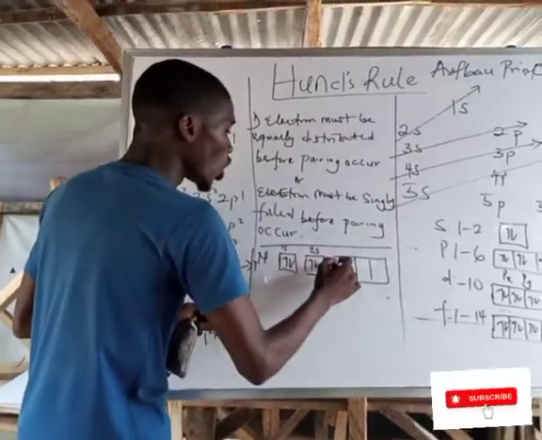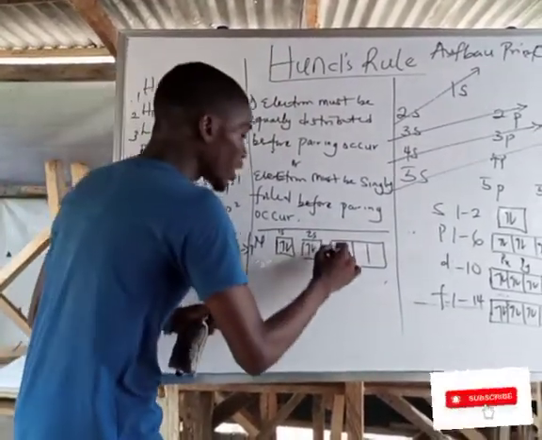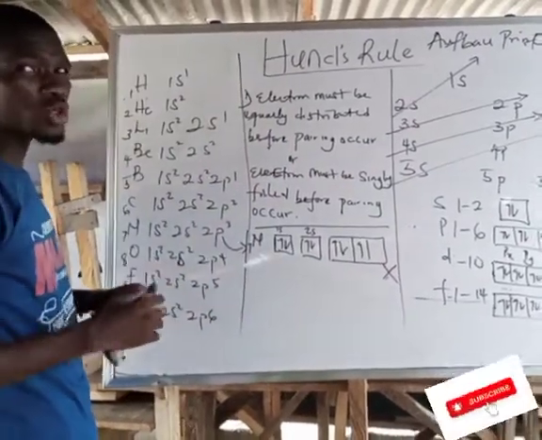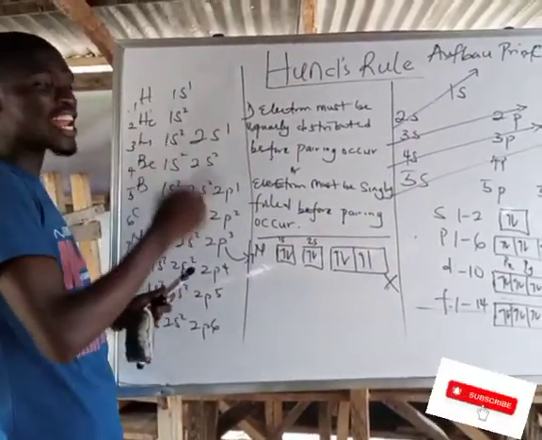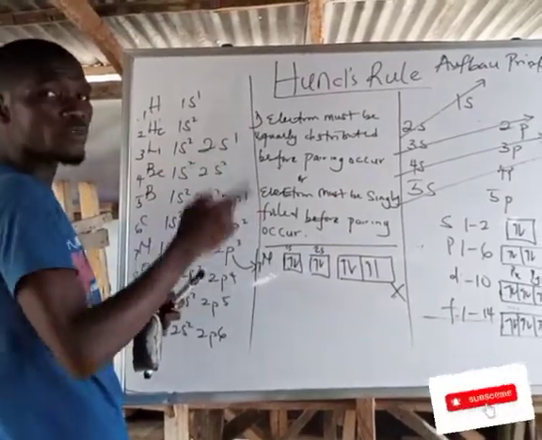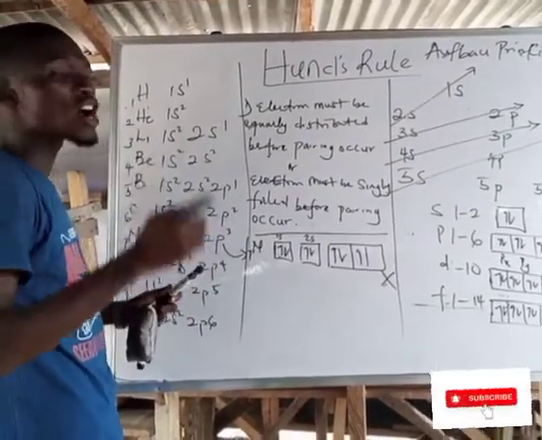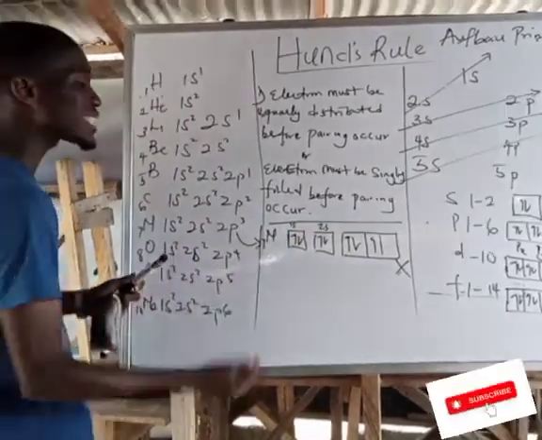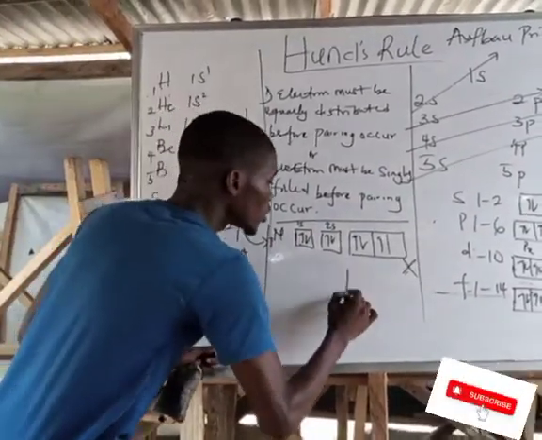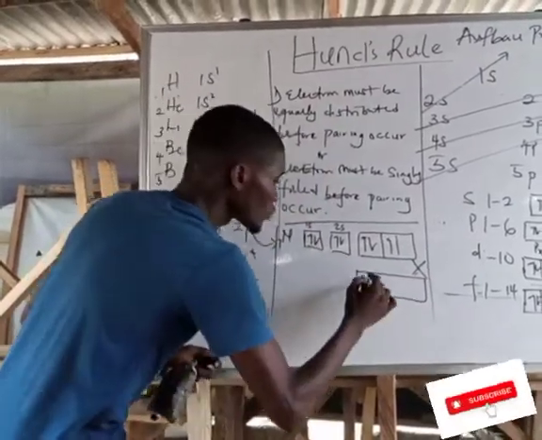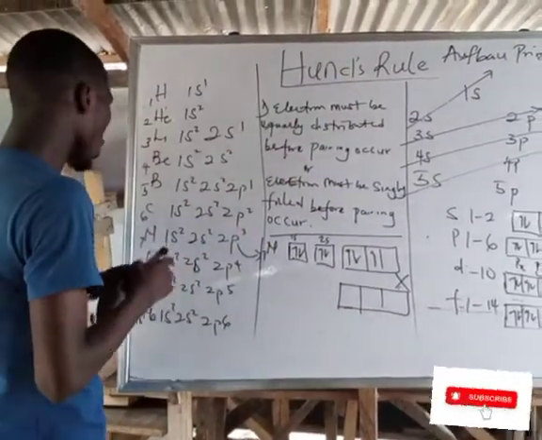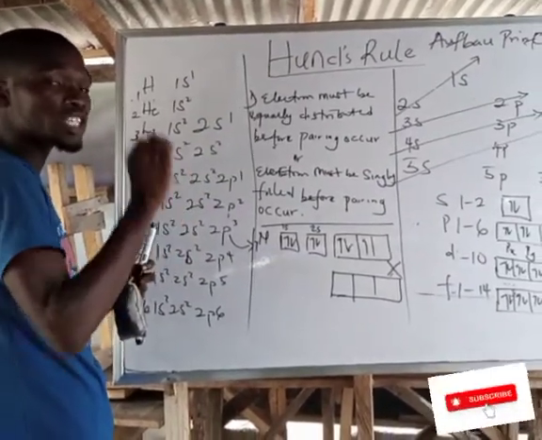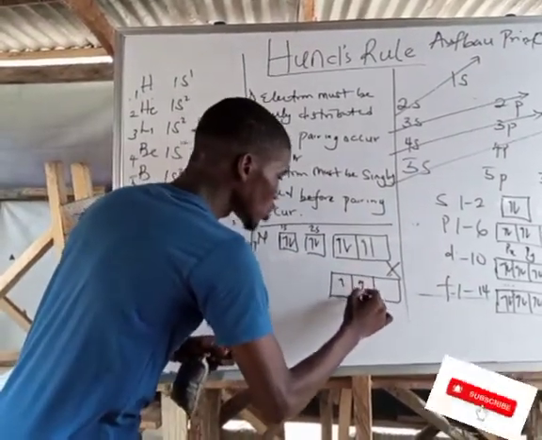If you fill your 2p orbital by pairing like this, it is wrong, because we did not follow Hund's rule that electrons must be equally distributed, or singly filled, before pairing occurs. So let's check out the correct one. Pick our p orbitals, 1, 2, 3. For nitrogen the outer electrons are 3, so you distribute them equally: 1, 2, 3.